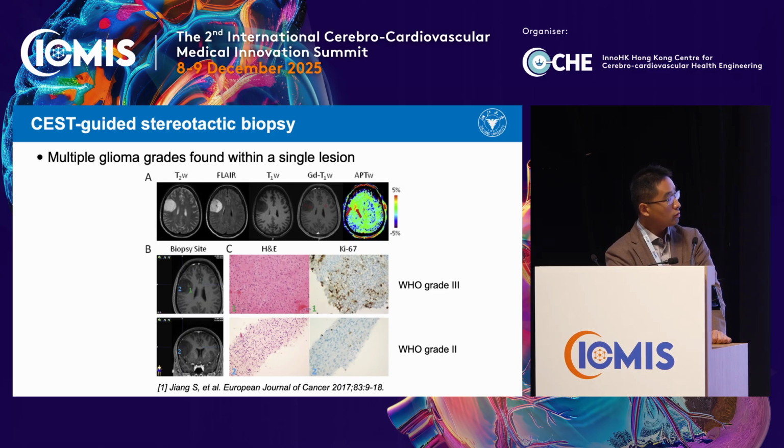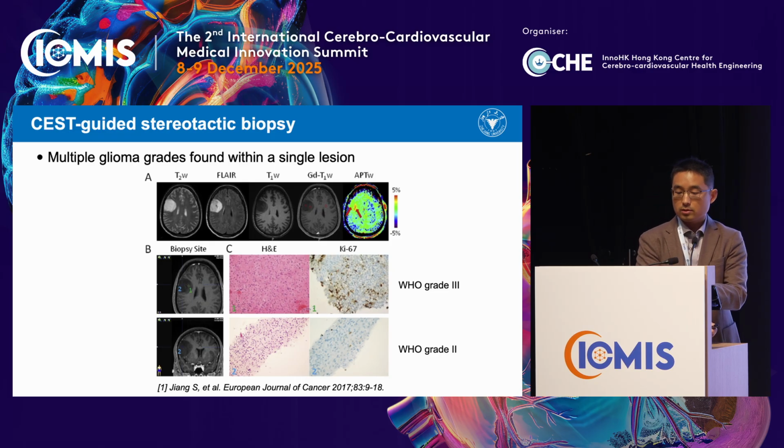They took one biopsy from the high CEST signal region. That turned out to be WHO grade 3. They also took one biopsy from the low CEST signal region. It turned out to be WHO grade 2. Of course, this patient was diagnosed as high-grade glioma in the end, but it tells us there can be multiple glioma grades within a single lesion. I think it's also a quite promising application.